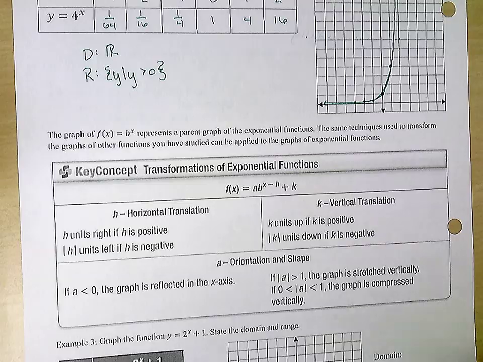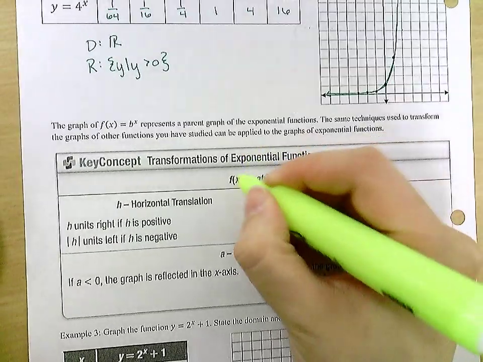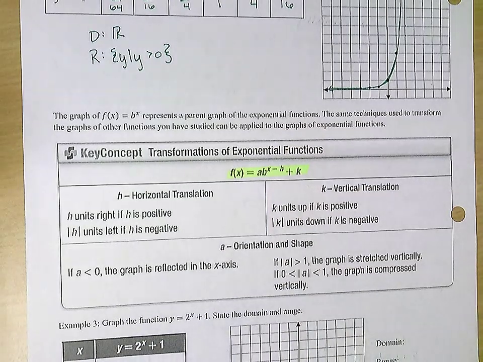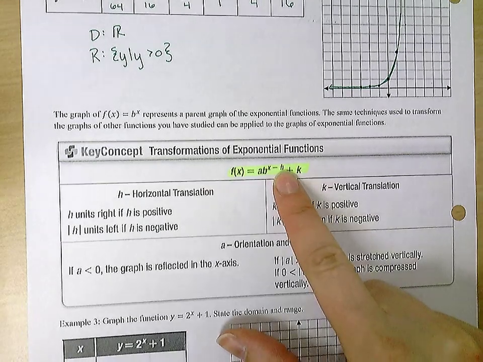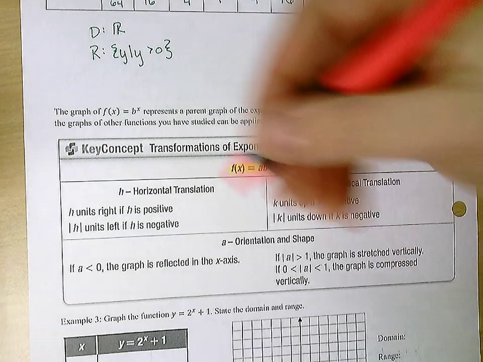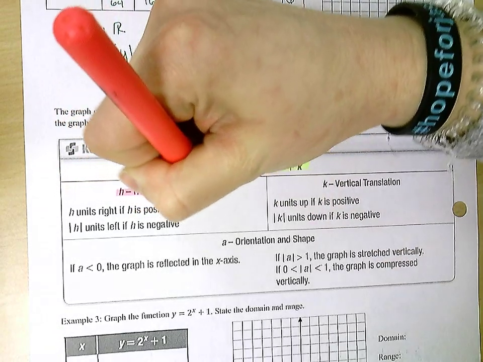So this is our form for exponential. We have a times b raised to the x minus h power, then plus k. Now your h value, that's this one right here, will move your graph left and right. So that's your horizontal transformation.